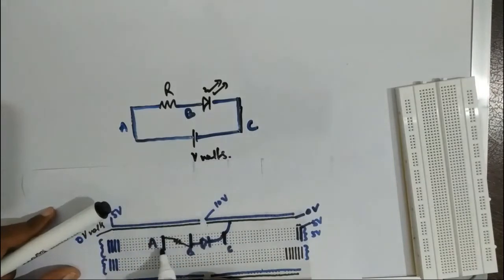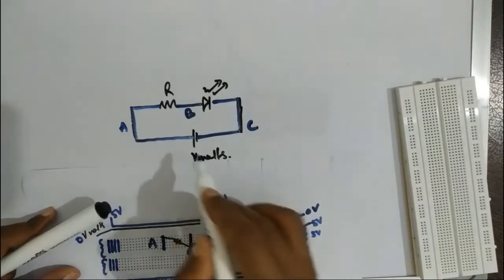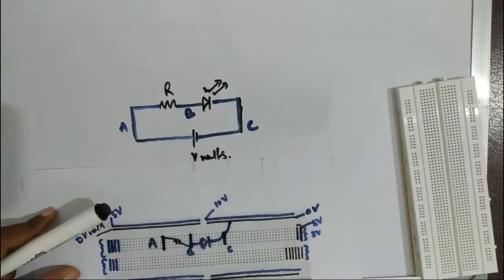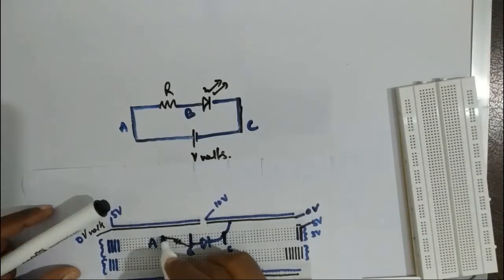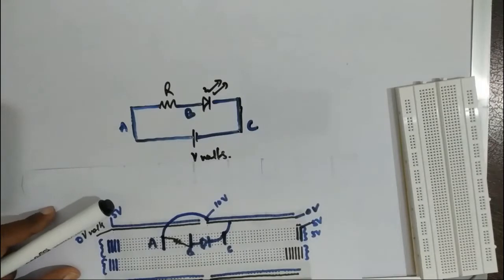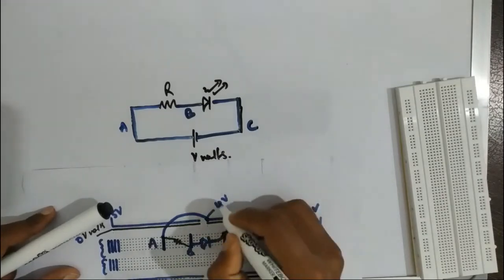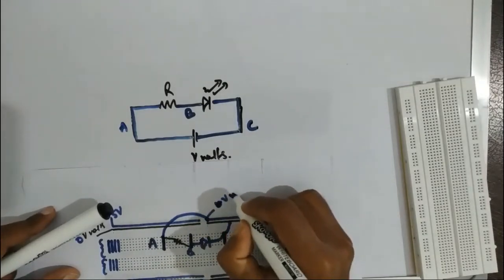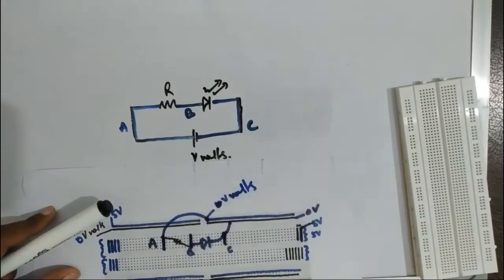And we know that A is connected to the positive V volt, so you can connect it, say, here. You can take any wire from any of these 5 ports and connect it here, and you will get your desired circuit, right? And here you just connect the V volt from the power supply.